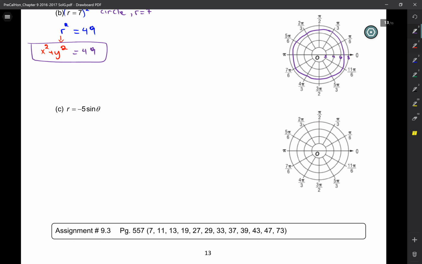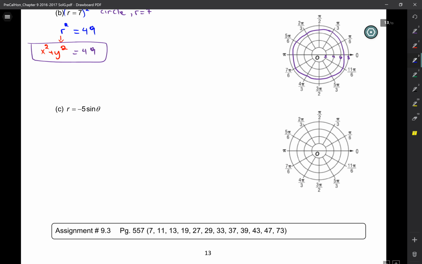That means if I want x squared plus y squared, I need an r squared. And this one you're just going to have to memorize: when you have r equals something sine theta or something cosine theta, we don't square both sides, we multiply both sides by r.